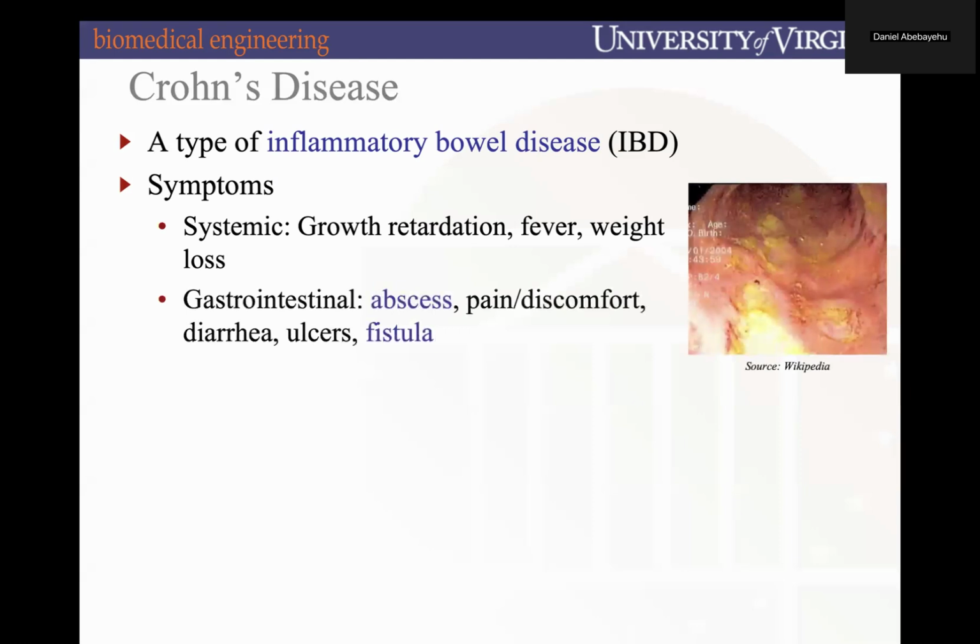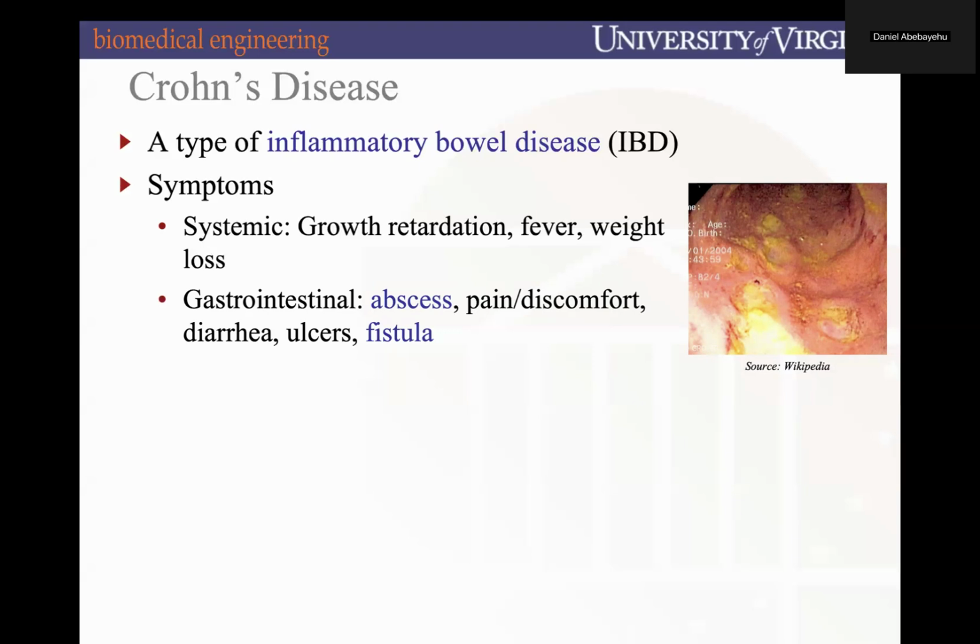There are across the GI tract these lesions that can be described as abscesses. Abscesses are these infected regions that are pus-filled, and usually that pus is full of dead cells of the innate immune system, particularly neutrophils. And neutrophils are one of the cells of our innate immune system that are one of the first cells that arrive at a site of inflammation or infection.